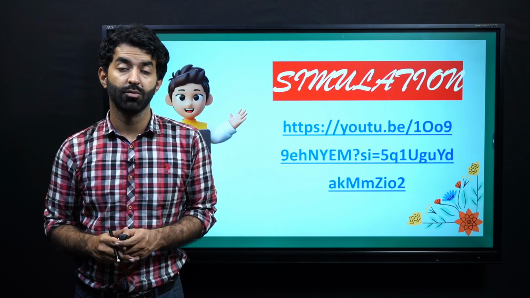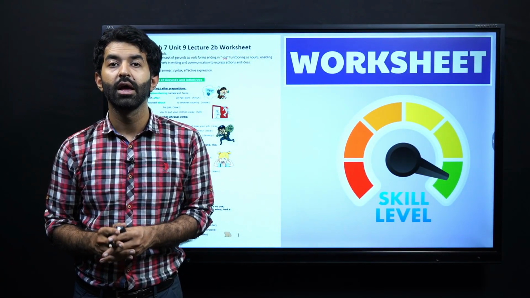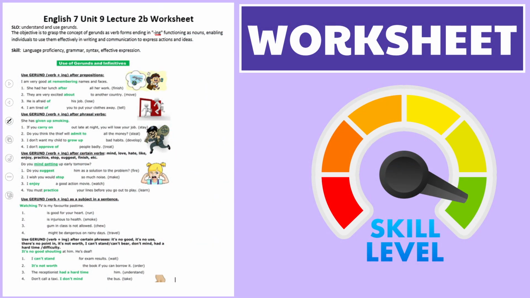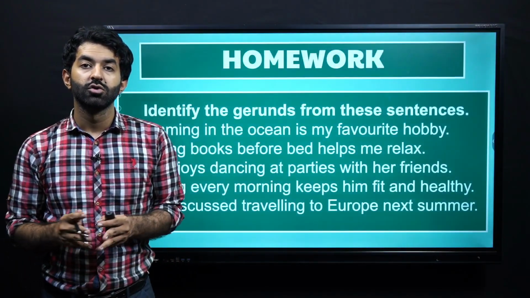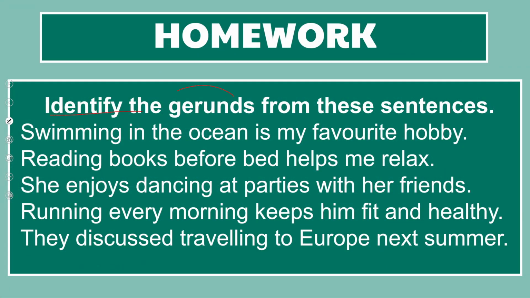Here is a simulation video for your information. A worksheet is attached as well, where you have to use the gerunds according to the worksheet. Students, for the homework, identify the gerunds from these sentences.